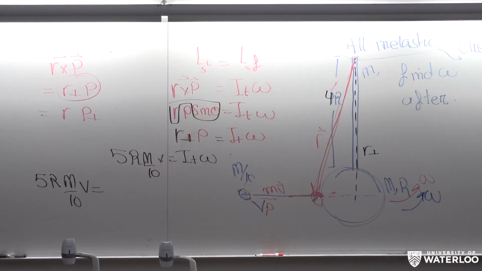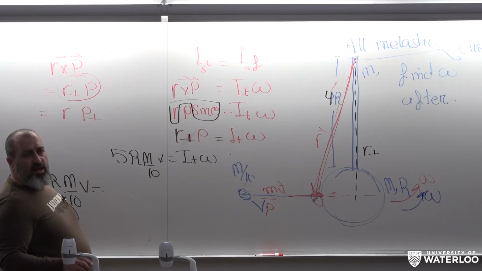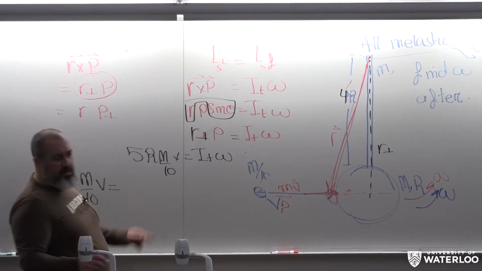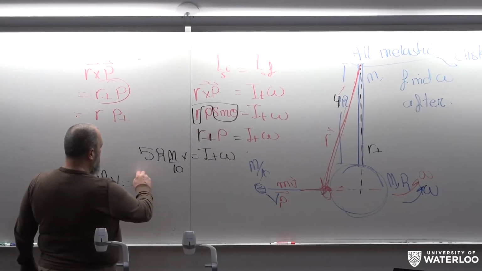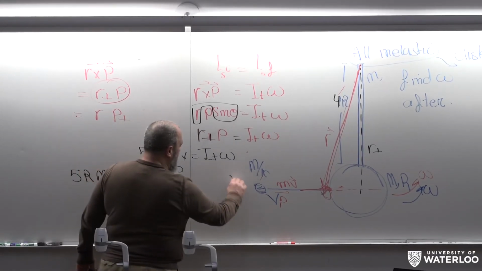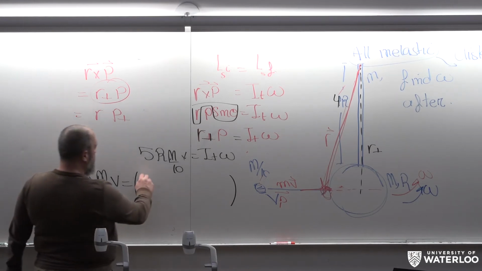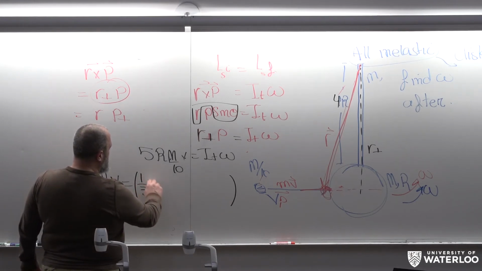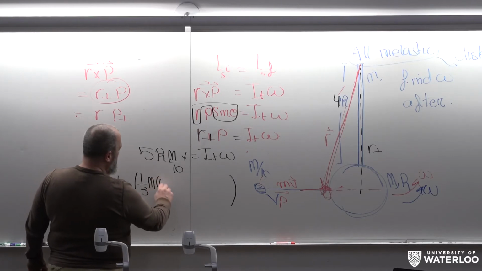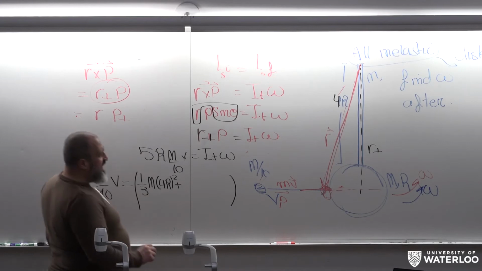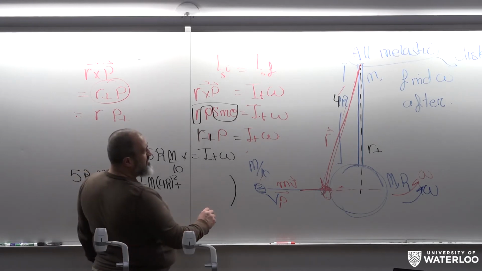Okay, folks, I will do it in one step. Please pay attention so you're not lost. The moment of inertia is the moment of inertia of the bar, 1/3 M L squared, where L is 4R, all squared. That's the bar. Plus, for the sphere, did we say disk or sphere?